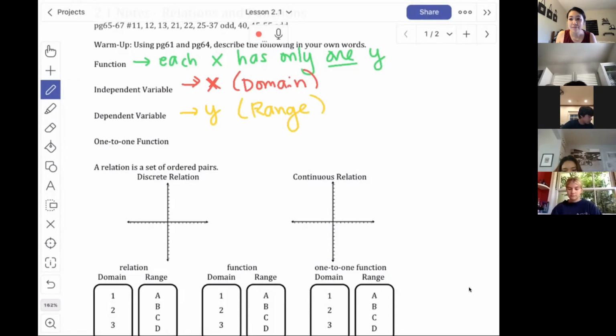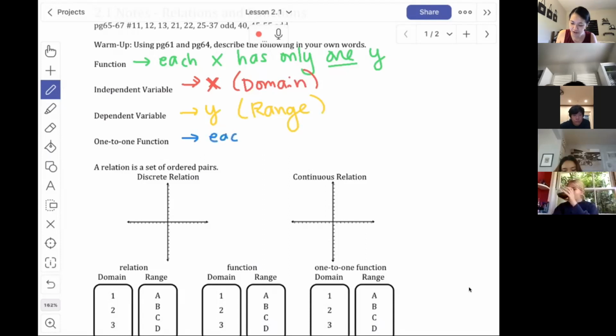All right. And lastly, there's a thing called a one-to-one function. A one-to-one function is still a function. So every x has only one y, but it also satisfies the criteria that each y also has only one x.